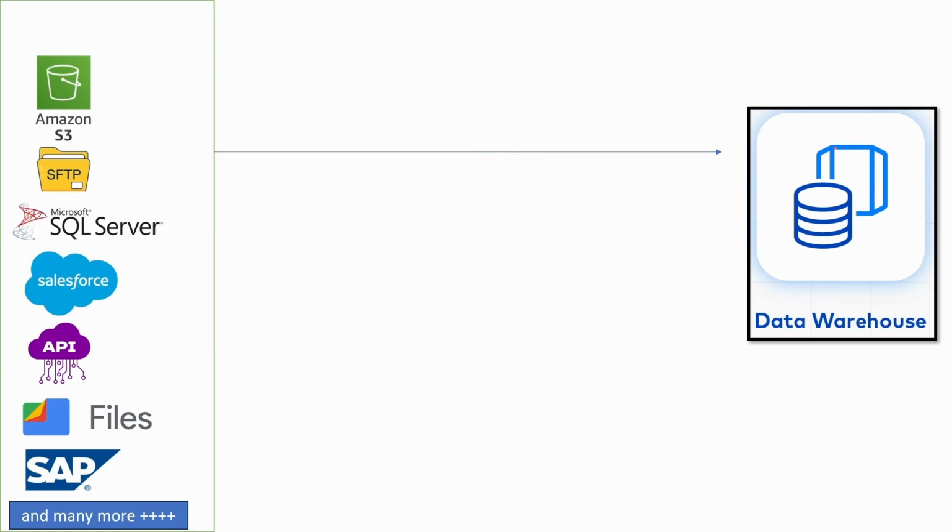Okay. And on the right side, we have our very own data warehouse. So, in order to integrate or process data from multiple sources, storing it in a central repo such as data warehouse, we have a process. Okay, we have a process which is actually known as ETL or ELT.